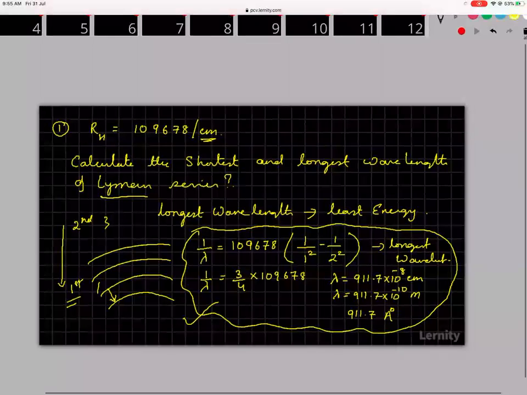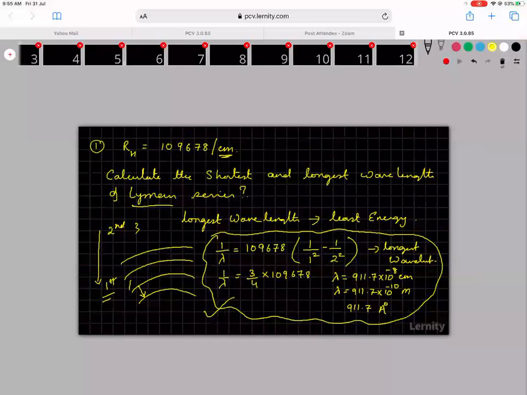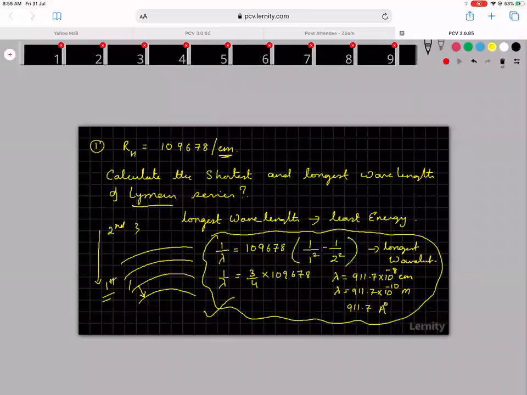If it is done, then let's try to find out what is the shortest wavelength.